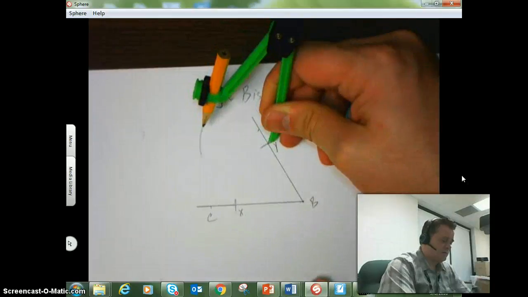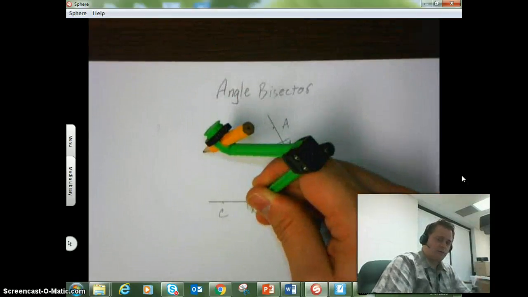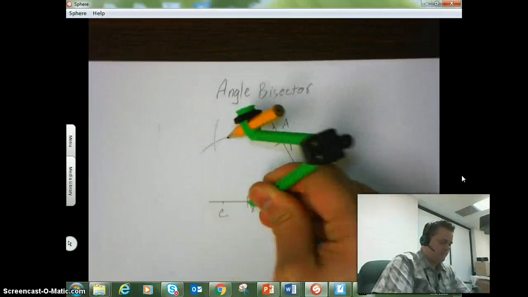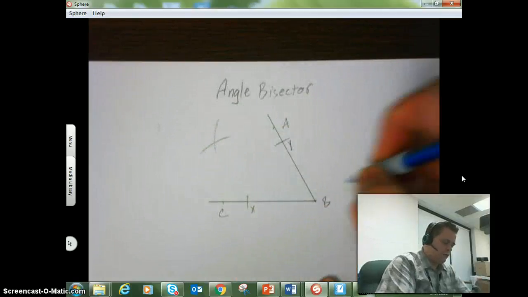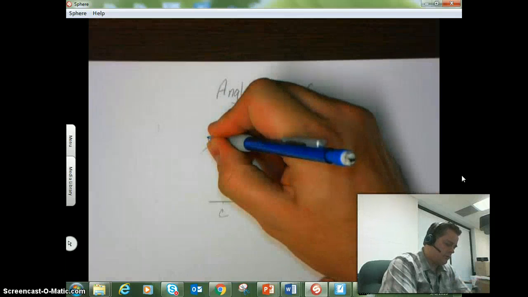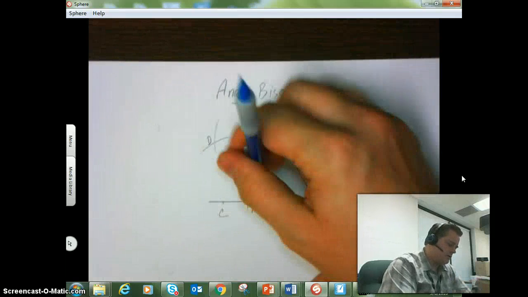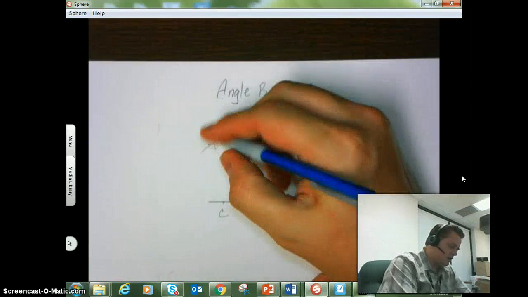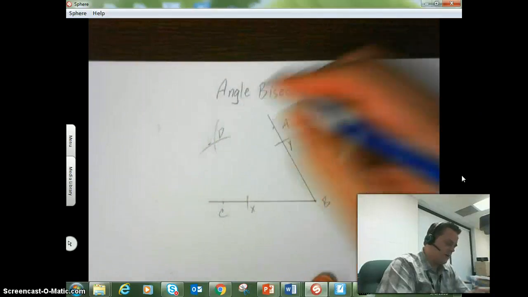Without adjusting my compass, I'll go to point X and do the same thing. The point where they meet, I will call point D. Let me not put it right there because that'll be in the way of the line when I draw it. Let's put D here.